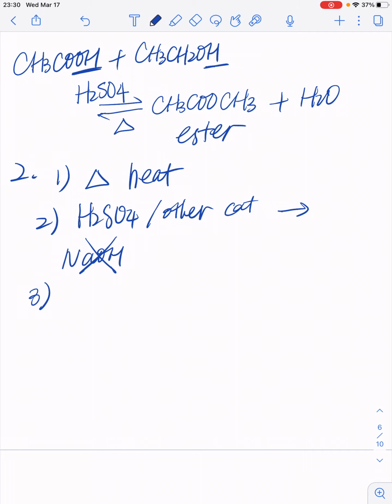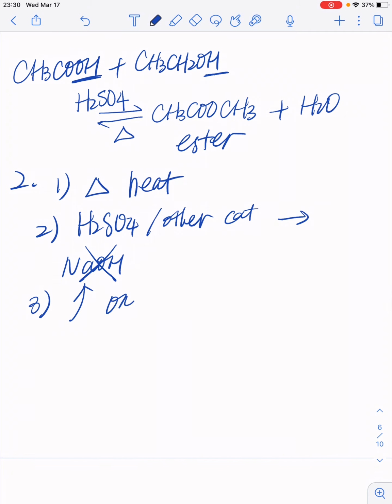Third, I can also increase one of the starting materials. Question, would it work if I increase the ratio of both materials? What if I double the amount of both reagents? The equilibrium will remain the same because you doubled both at the same time.